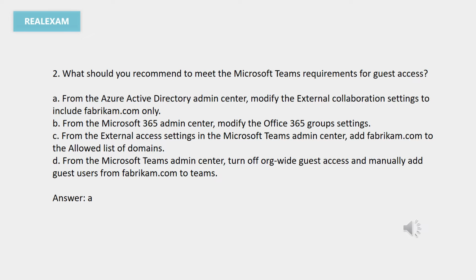C. From the external access settings in the Microsoft Teams Admin Center, add fabricam.com to the allowed list of domains. D. From the Microsoft Teams Admin Center, turn off org-wide guest access and manually add guest users from fabricam.com to Teams. Answer. A.